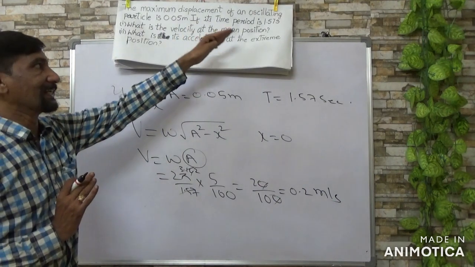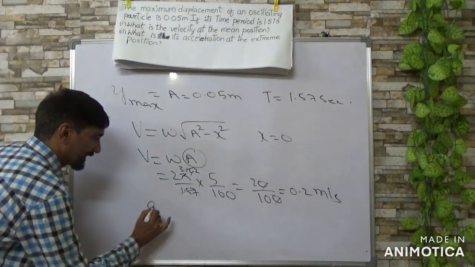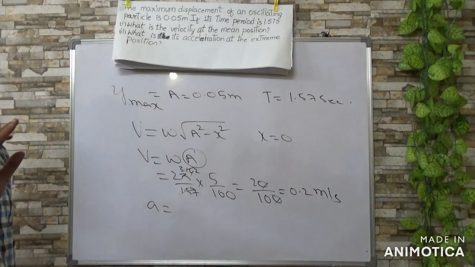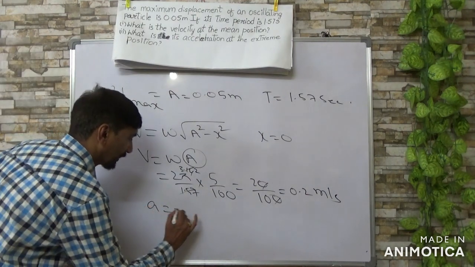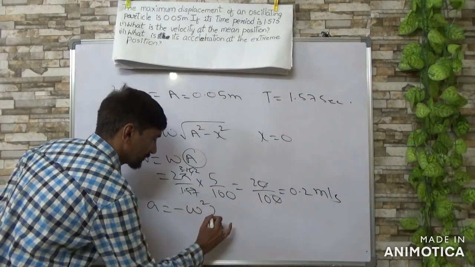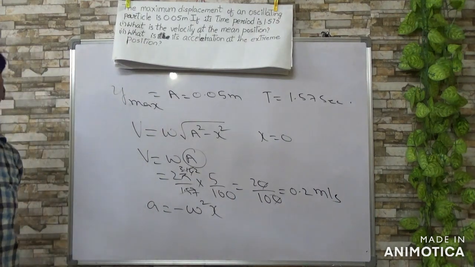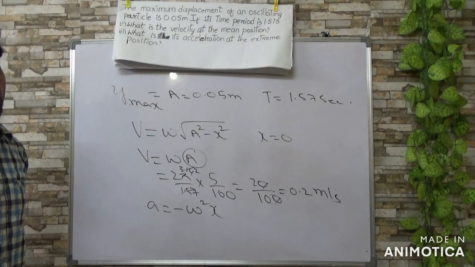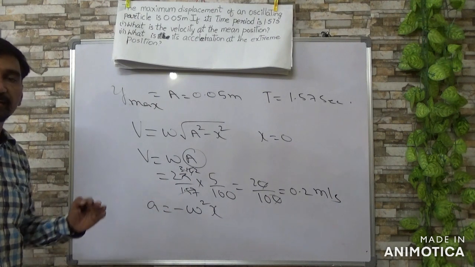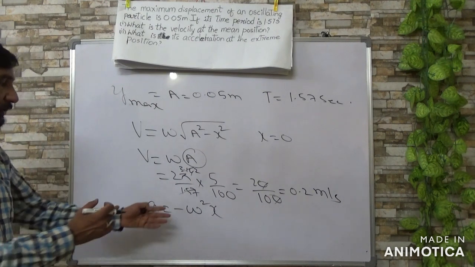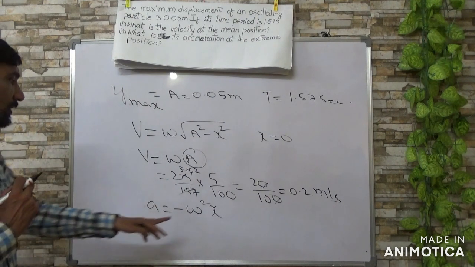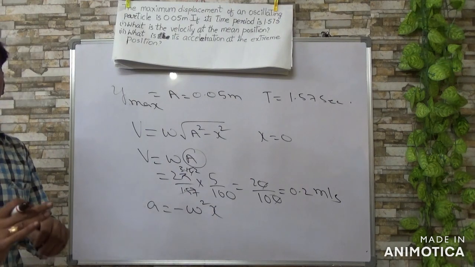Now you want the acceleration. When a body executes simple harmonic motion, what is the general formula for acceleration? a equal to minus omega square x, right? This sign indicates direction, so you need not consider it now. So x is displacement.